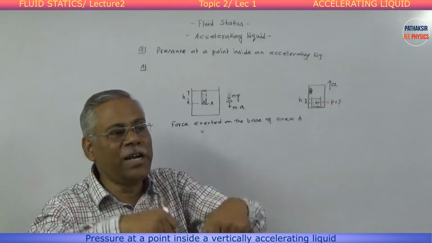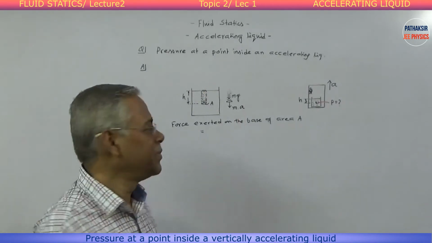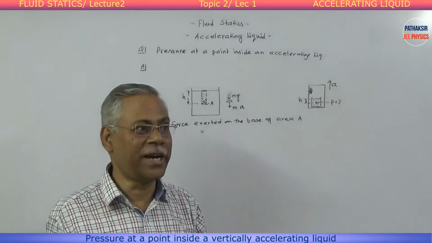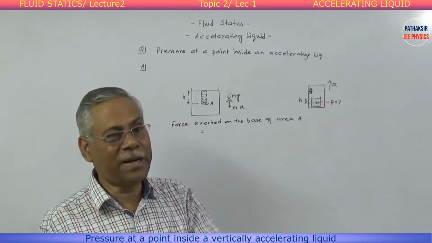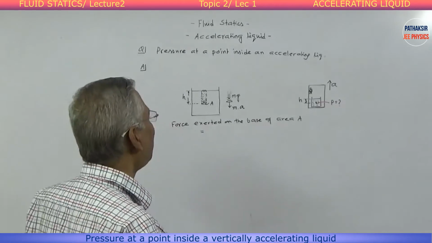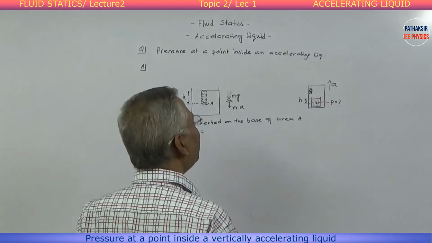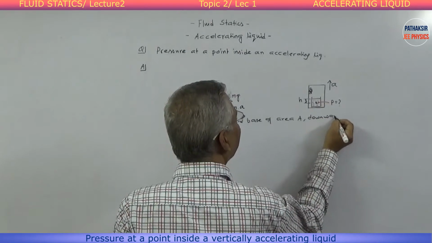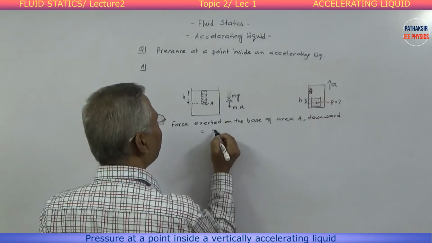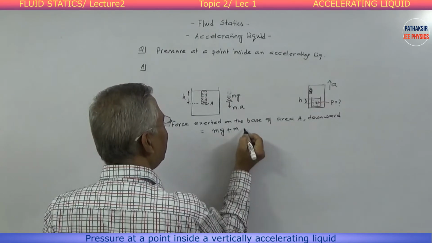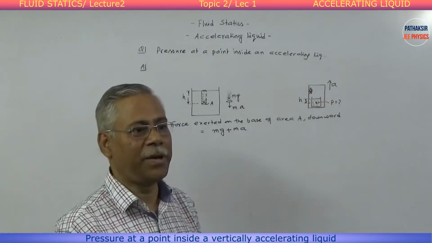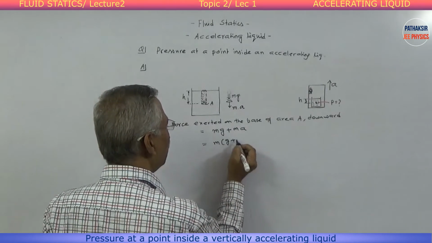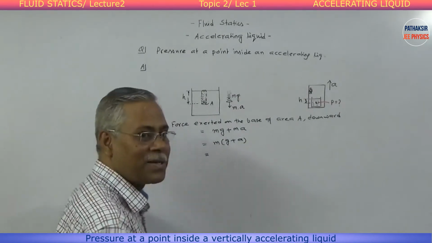That pseudo force is trying to push the liquid column downward. So mg and ma, these two forces are acting on the bottom in the same direction. So the force exerted on the base of area A, downward, is mg plus ma, equal to m into (g plus a).